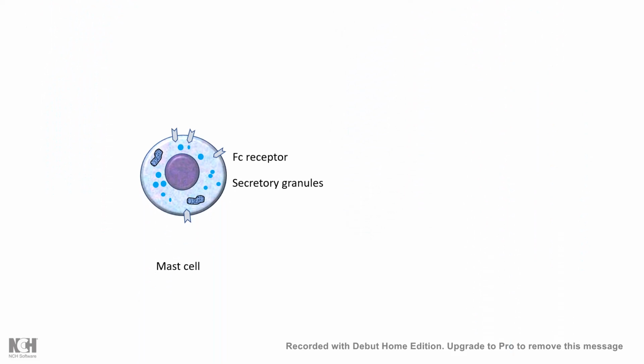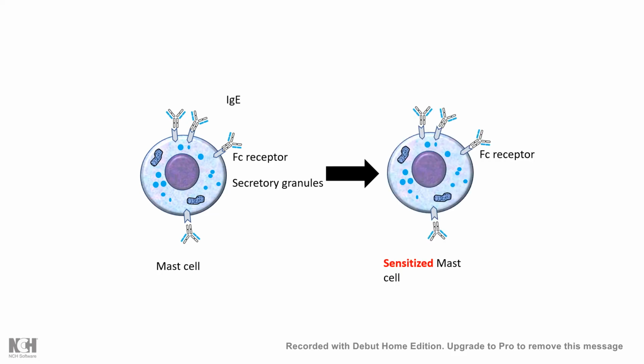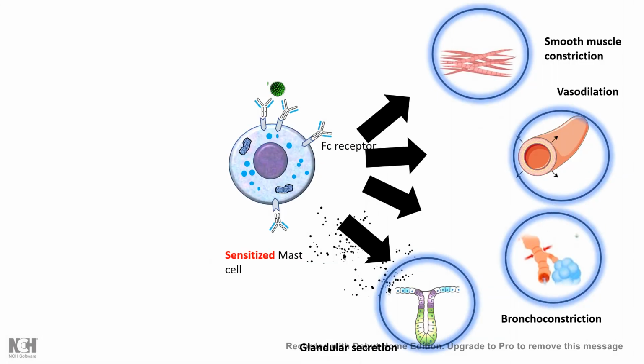The mast cells have IgE receptors. So whenever the individual is exposed to the allergen a second time, the IgE produced binds to the IgE receptor of the mast cells and allows the mast cells to be sensitized and degranulate. Degranulation of the mast cells causes smooth muscle contraction, vasodilation, bronchoconstriction, and glandular secretion, and that's how it evokes the allergic symptoms, inflammation, and pain.